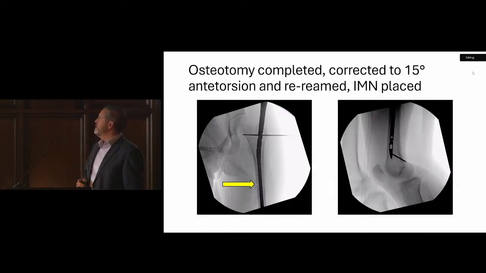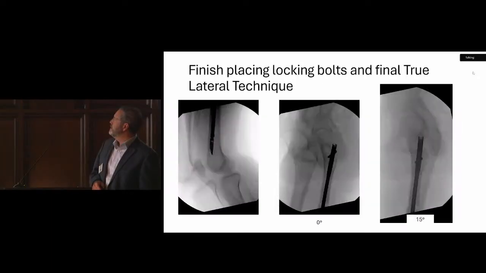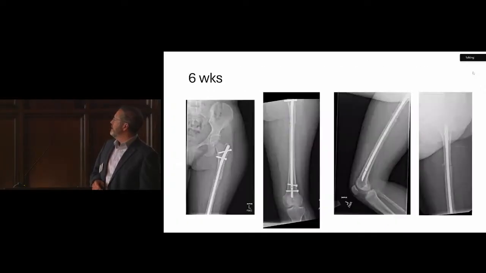But I did a small open vastus elevating osteotomy, did the correction, re-reamed, and then placed the nail in the new position, and then did a lot of going back and forth to make sure the true lateral technique matches what I hope the correction is, and then placed the locking bolts, and that's the final, so around 15 degrees. And that's what she looks like.